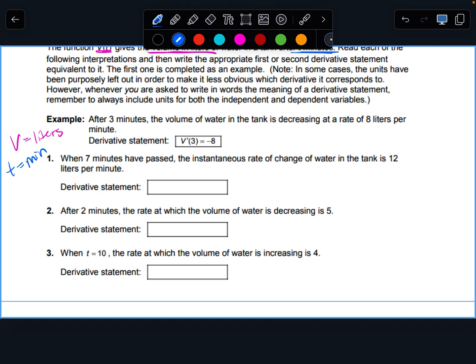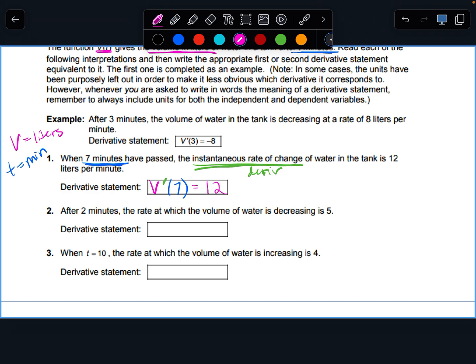So when 7 minutes has passed, there's your T, the instantaneous rate of change, that means derivative, of water in the tank is 12 liters per minute. So that's going to be V, because we're talking about the liters, it's an instantaneous rate of change after 7 minutes, and that's going to equal 12. So V prime of 7 equals 12.